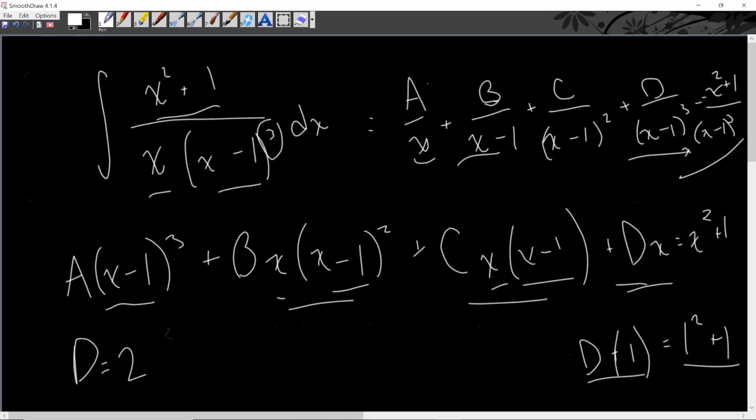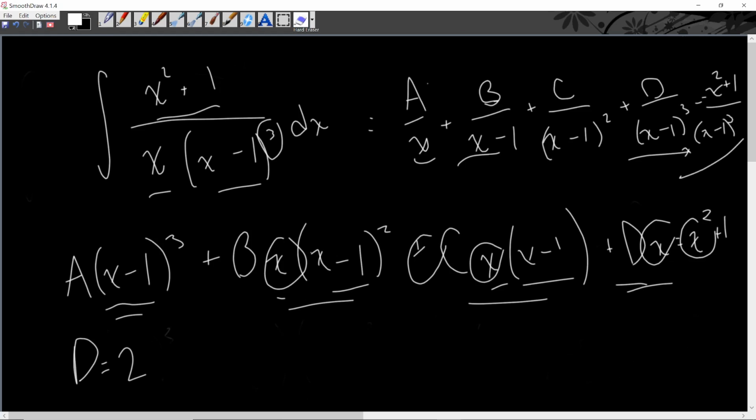And then let's plug in 0. We have to plug in 0 so that we get this by itself. We have a times 0 minus 1 cubed, and then plus b times 0 times 0 minus 1 squared.